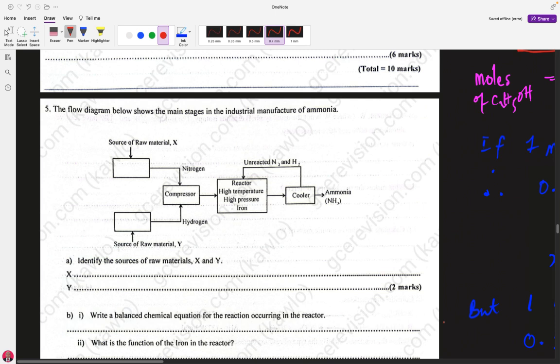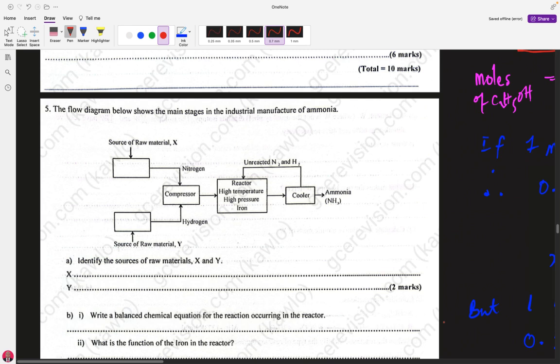From the question, it is written: the flow diagram below shows the main stages in the industrial manufacture of ammonia. Look at the flow chart very well. You'll see the sources of the raw materials. Of course, you know where hydrogen is got, and where nitrogen is got. There's a compressor where the two will come and meet.